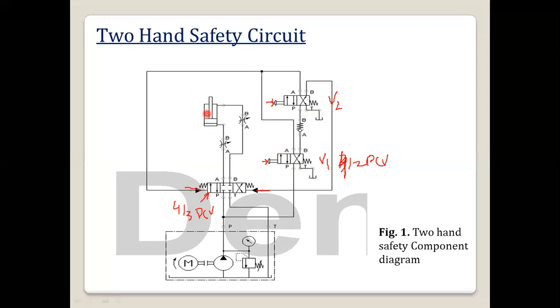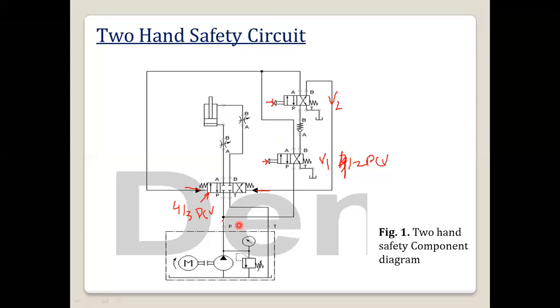So again, this two-hand safety circuit is there. Whatever the vertical cylinder is there, it has to operate smoothly, and it should not fall down. Okay, again, for that we have to use this two-hand safety circuit. So for the operation, we have to operate both the DCVs.